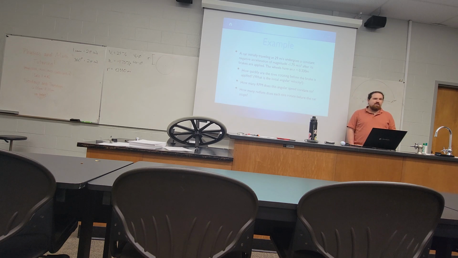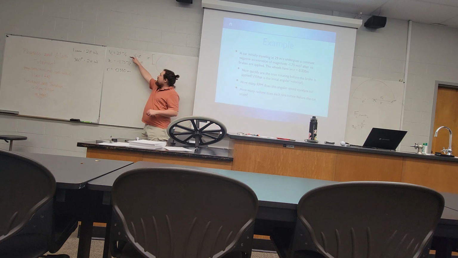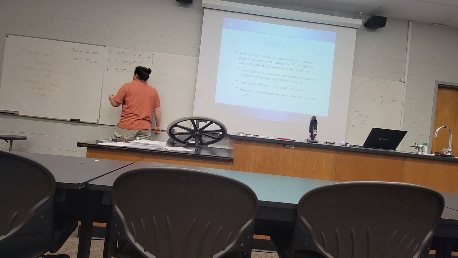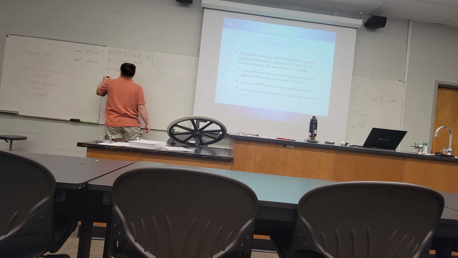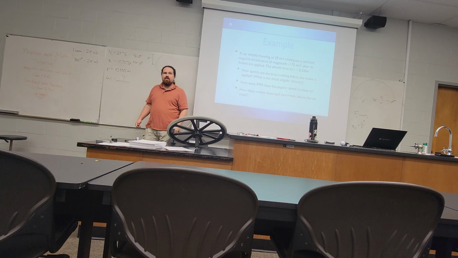The information that we have so far is initial linear velocity, linear acceleration, and tire radius. And the thing that we are being asked for is an initial angular velocity, omega initial.